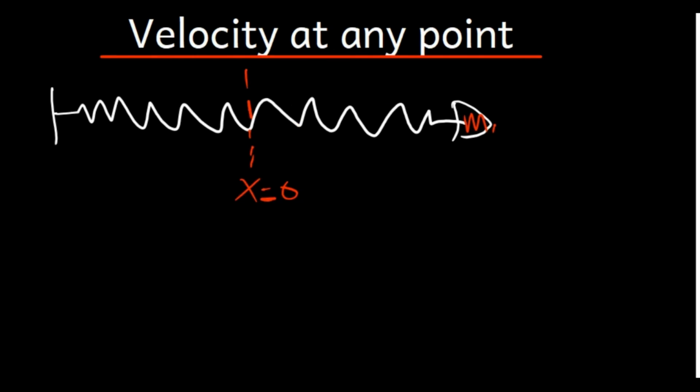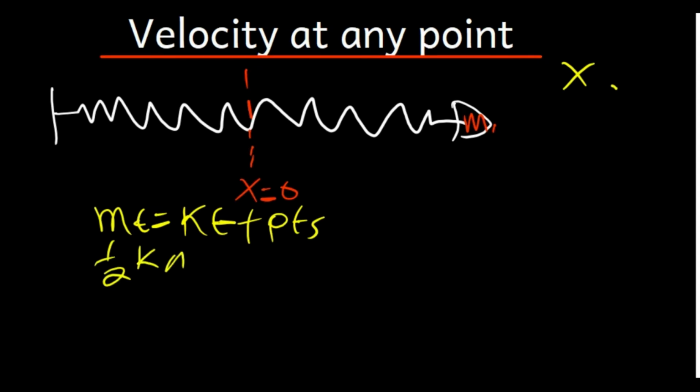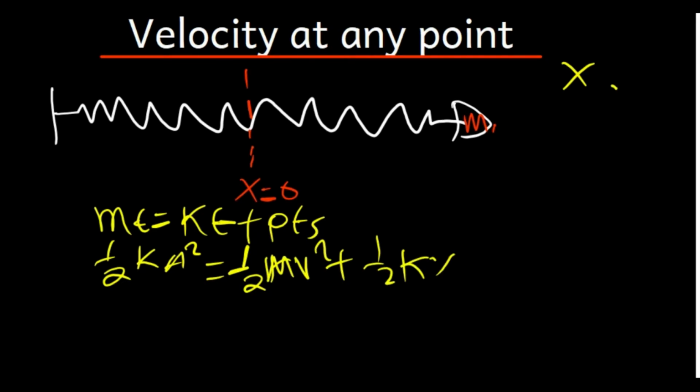Now whenever we're trying to find the velocity at any point, meaning that we have the x value, from the conservation of energy, we came up with a certain formula. If you managed to watch the previous video, we said the mechanical energy is equal to the kinetic energy plus the elastic potential energy. Then the mechanical energy is half ka squared, which is equal to the kinetic energy, half mv squared, plus the elastic potential energy, half kx squared.